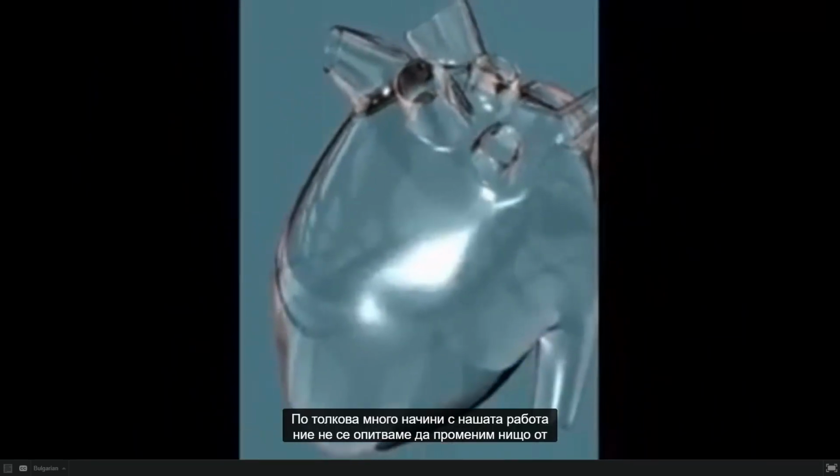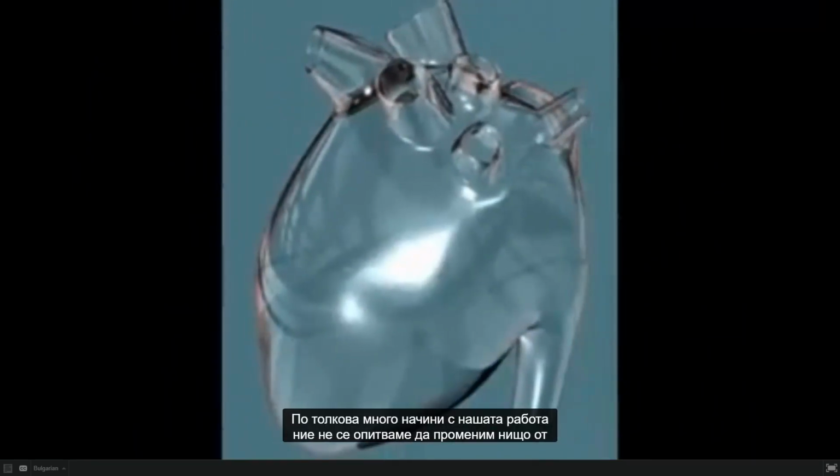In so many ways, with our work, we're not trying to change anything in what is being said, but in a way how we look at the operation of the heart as a totality, as an operation between the two parts of the body.